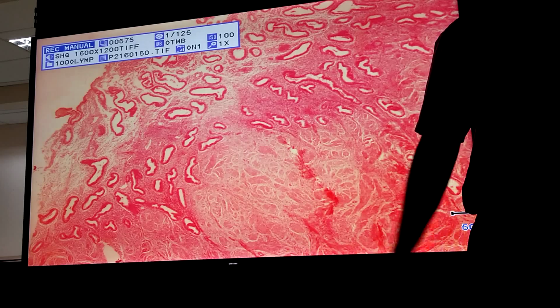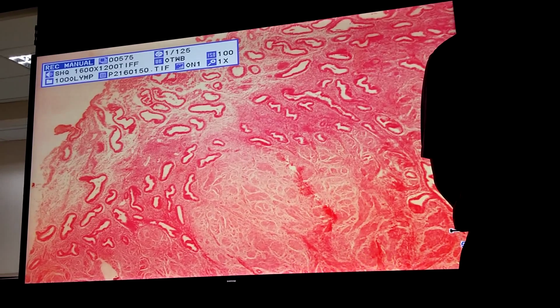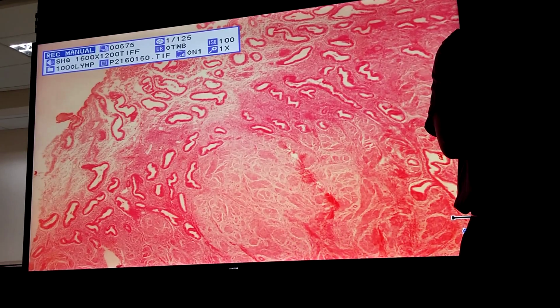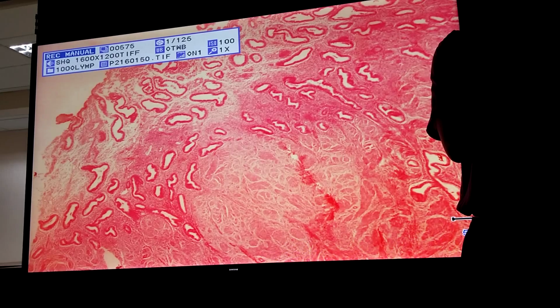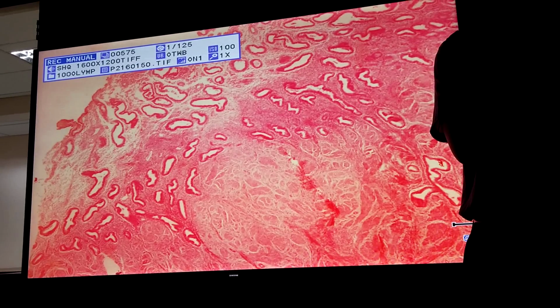How will you count, for the females, your day one of your menstrual period? If you have a 28-day menstrual cycle, day one begins at the first day of menstruation.